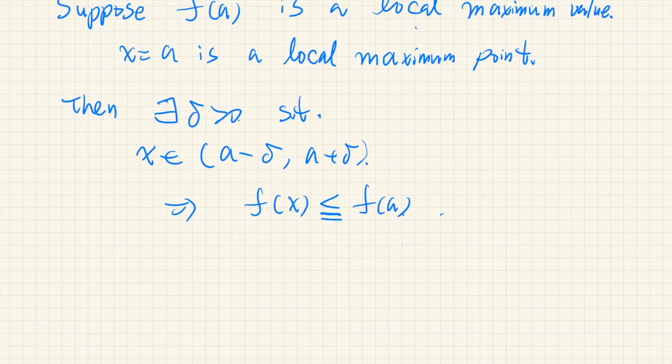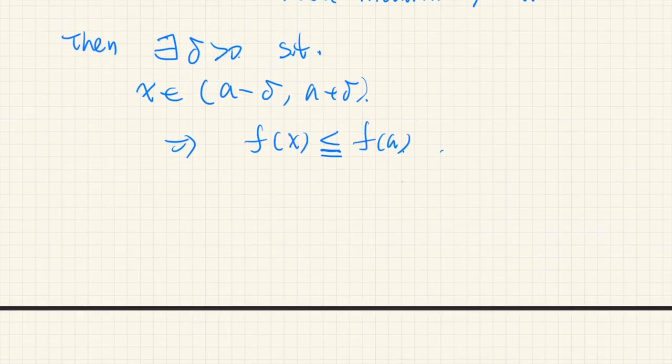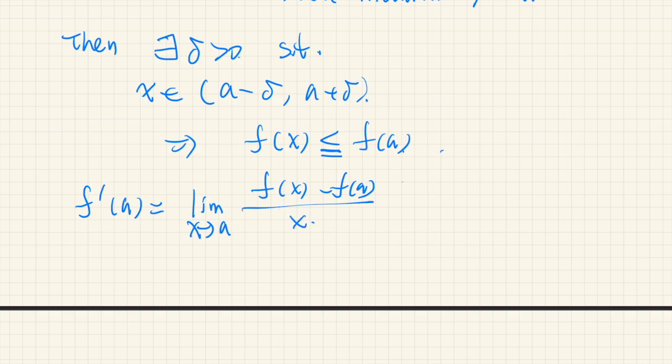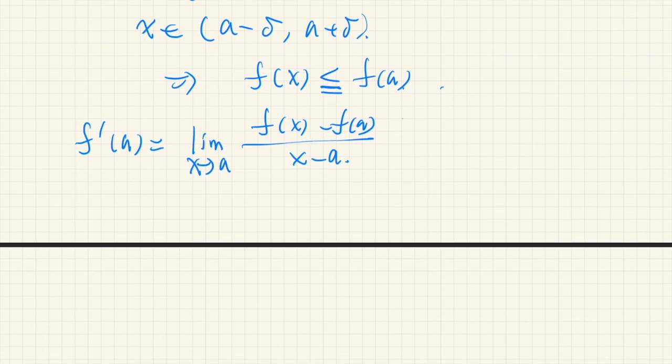Now let's consider the differential coefficient at x equal to a. So f prime of a is, according to the definition, the limit as x goes to a of f of x minus f of a divided by x minus a. Consider two cases. First case, if x is greater than a, then x minus a is of course positive.